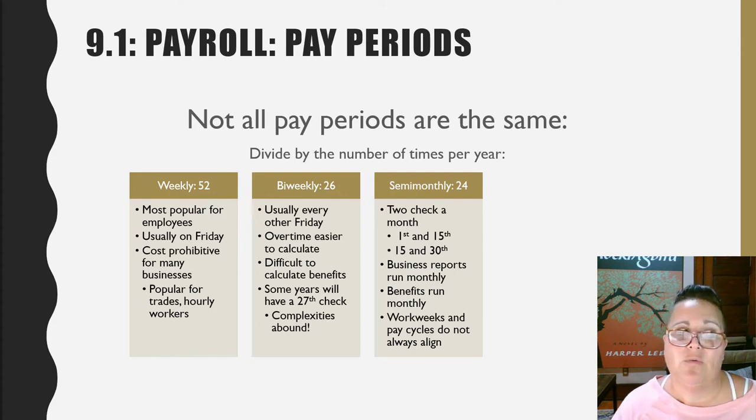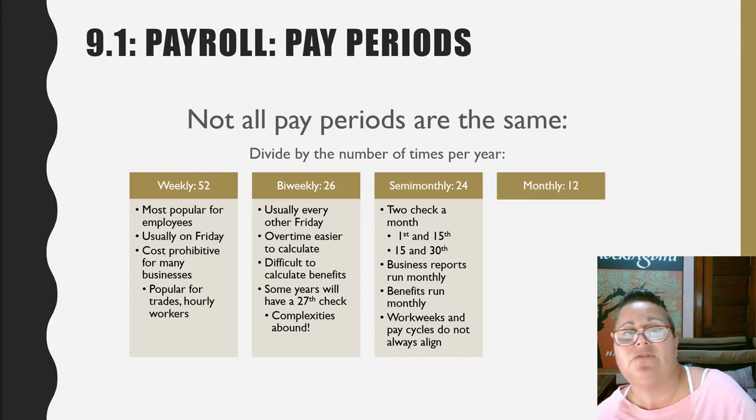And so if you run your paychecks by the month, it makes the reports easier. However, because you are getting paid by the dates, such as the 15th and the 30th, that could mean that you get paid midweek. And so work weeks and pay cycles in an hourly situation are often at a disadvantage.